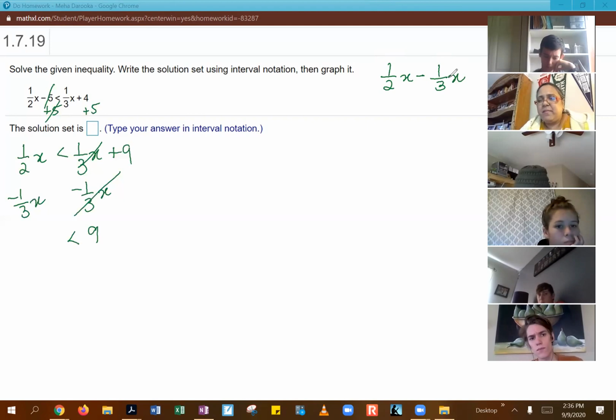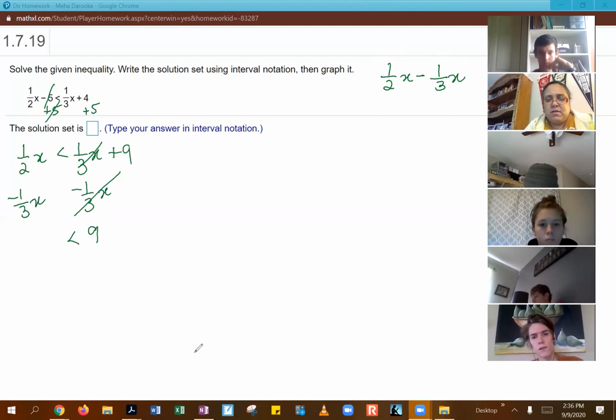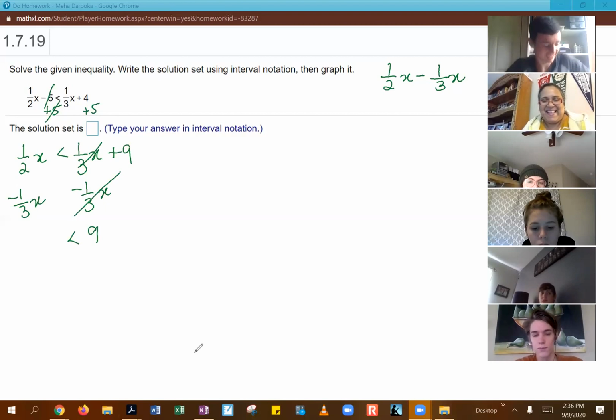We've got different denominators, right? So what would we do for that first? You'd find the least common denominator. Wait, is it least common denominator or greatest common denominator? Least common denominator, yeah. Okay, that's what I thought. That's okay.